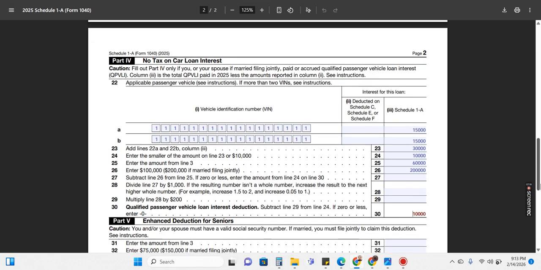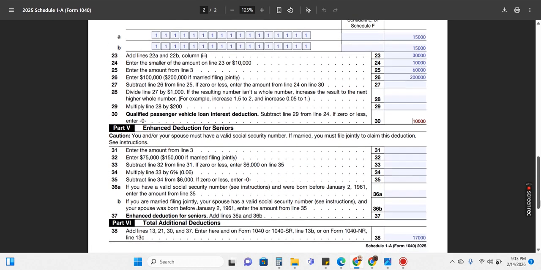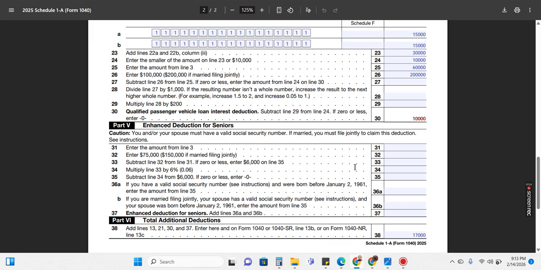Part 5 is not applicable here because the tax filer is less than 65 years old, so not a senior person. This deduction is only for seniors, 65 or above, and you can take 6,000. So no deduction for this part.